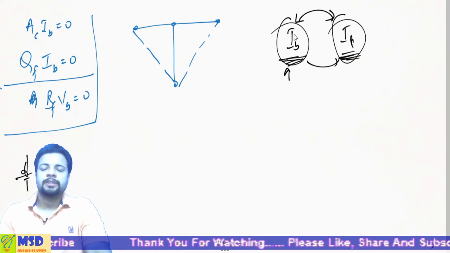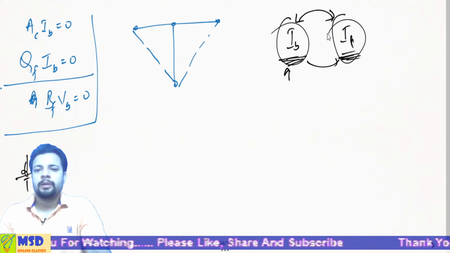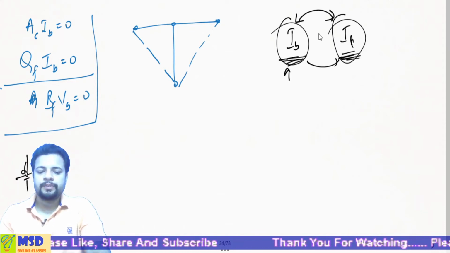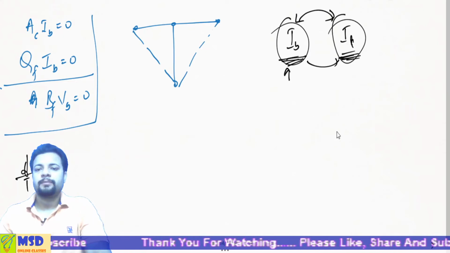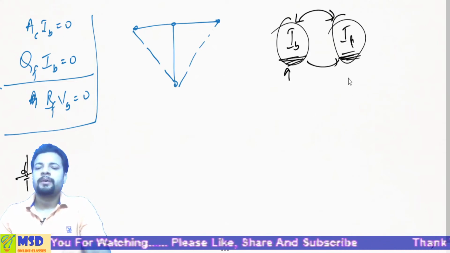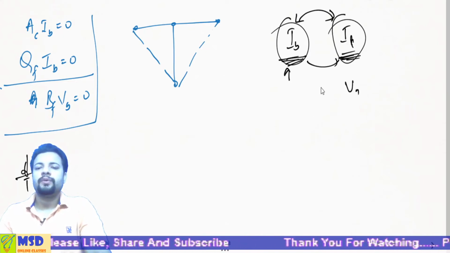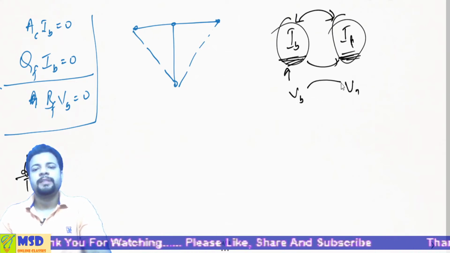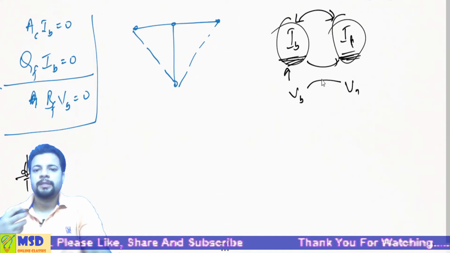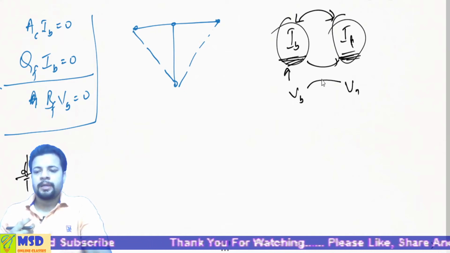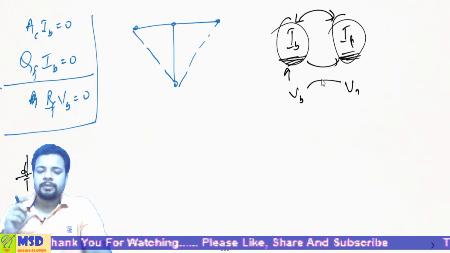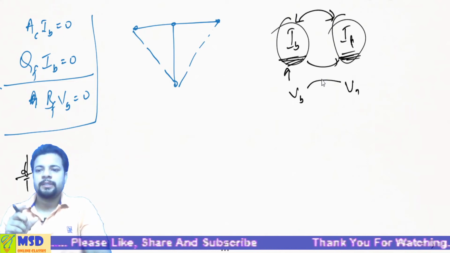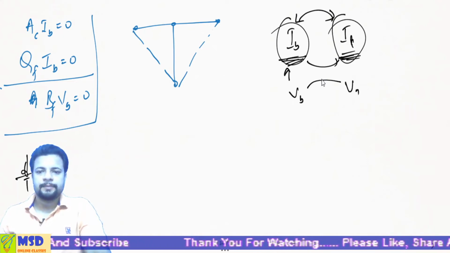So this is one possible relationship which we require most, and another is the relationship between the node voltage variable and the branch voltage variable. Always you will be asked to tell the potential drop across any branch element. This is usually asked in network analysis.